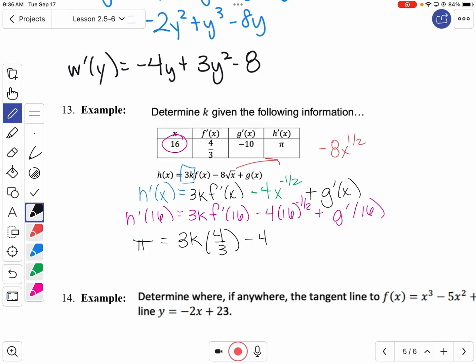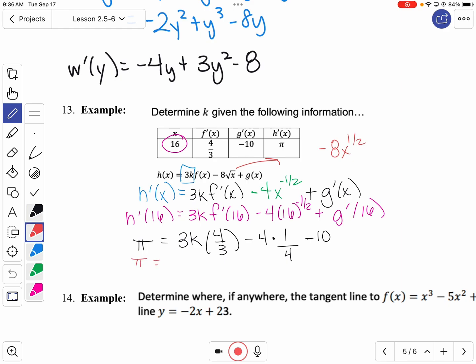All right, so that's 1 over the square root of 16. How much is the square root of 16? 4. And then g prime at 16 was how much? -10. Okay? Is everybody with me so far? Just simplifying a little step at a time. Okay? All right, let's keep going.